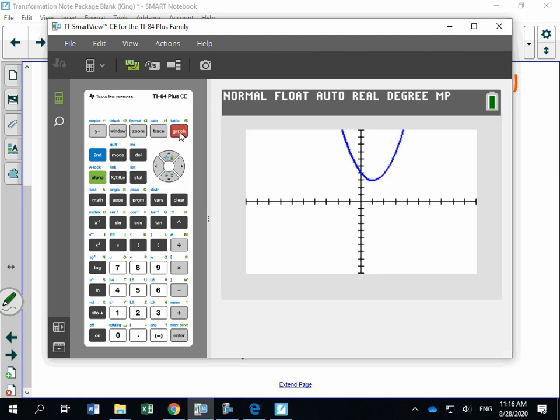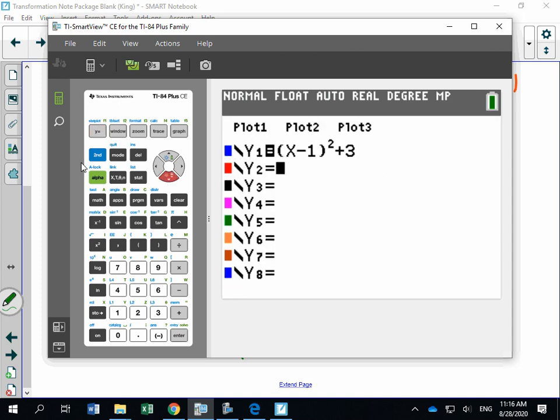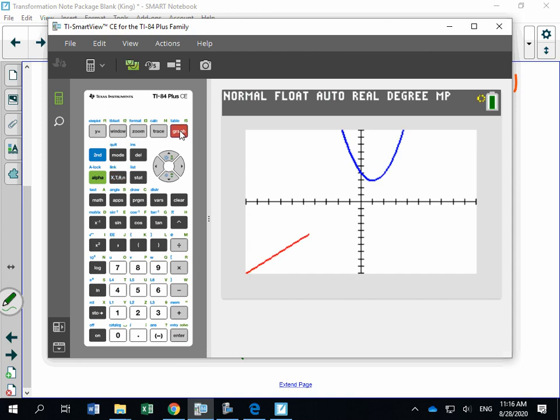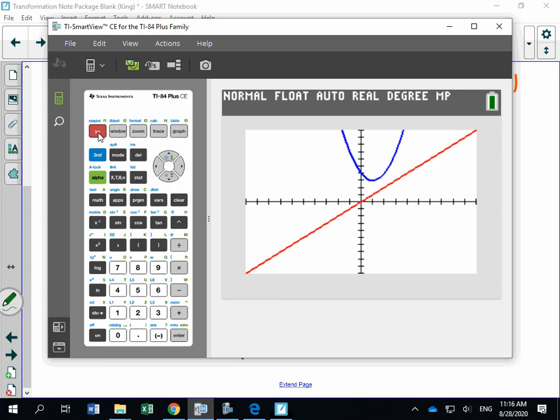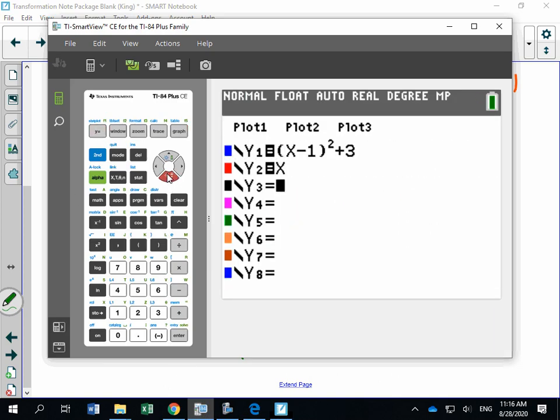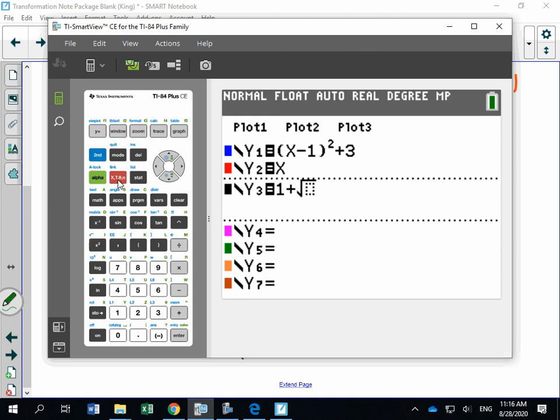there's the parabola, right? If you want to put in the line y is equal to x, we could do that. So let's put on our mirror line. It's reflected in the line y is equal to x. So now I got that. Now let's just type in one of the equations. So 1 plus the square root of x minus 3.